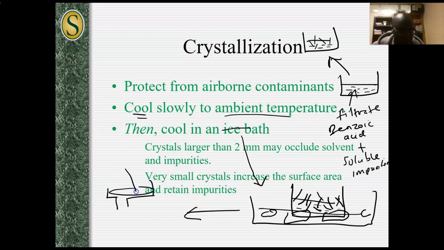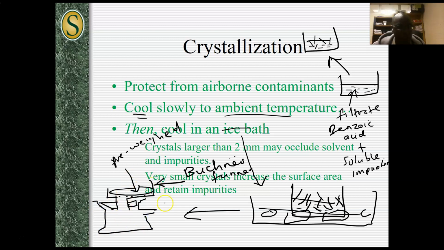Now this filter paper must be pre-weighed. Pre-weighed filter paper is placed on what we call the Buchner funnel. The Buchner funnel has holes underneath, so make sure the pre-weighed filter paper is fitting, and the Buchner funnel is stoppered. This will have a tubing going to your vacuum.